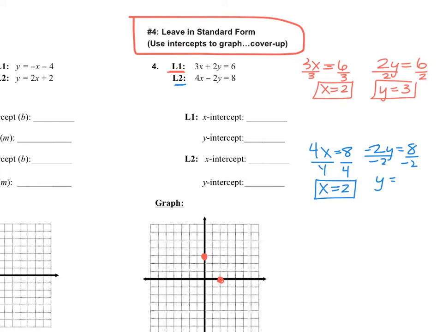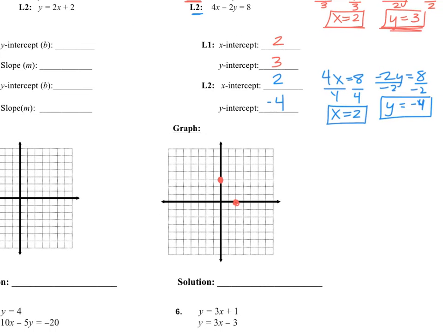So y equals -4. Okay, so intercepts. For line 1, our x-intercept is 2. Our y-intercept is 3. Line 2, our x-intercept is 2, and our y-intercept is -4. So let's plot that right now.